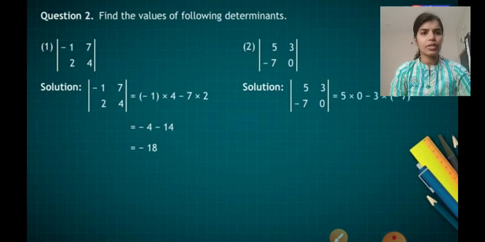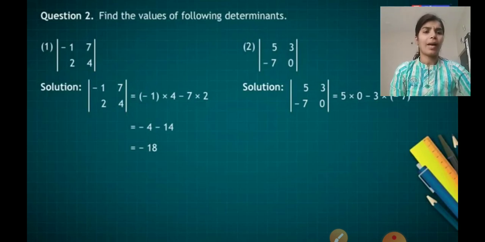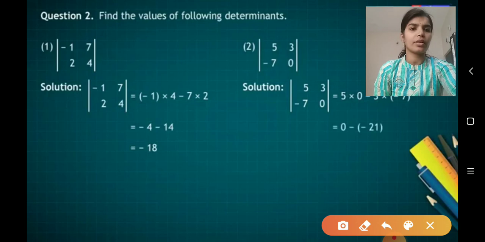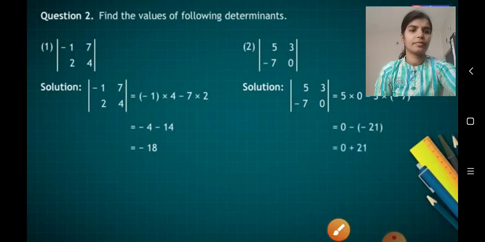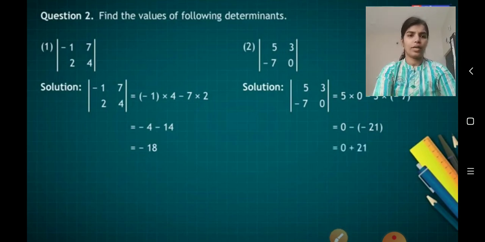So 5 into 0 is 0, minus 7 into 3, we will get minus 21. Here it is very important: minus minus becomes plus. So our answer is plus 21. That means 0 plus 21, it is 21.